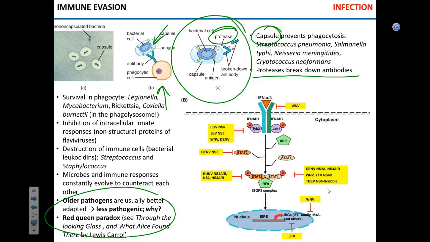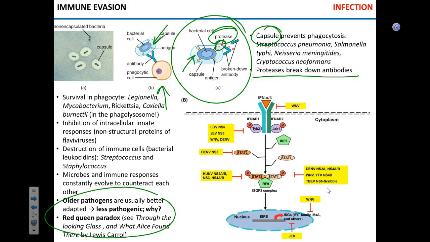You can see the bacterial cell that has a capsule and produces protease at the same time, the pink dots. So there are plenty of options. Some microbes, I think, perfected the survival strategy. Instead of avoiding the phagocyte, they survive in the phagocyte.